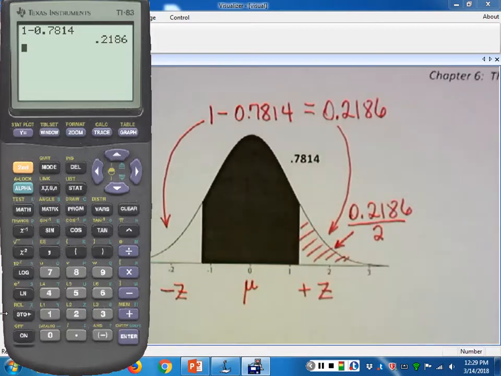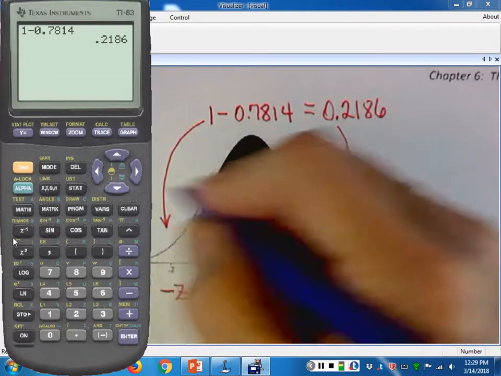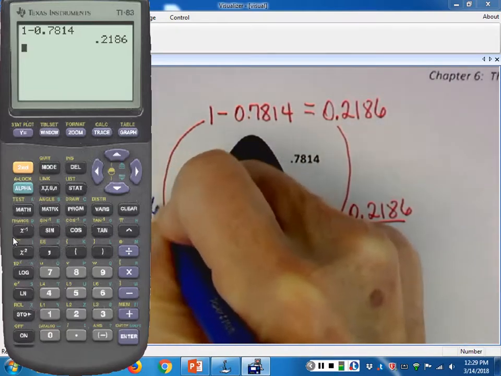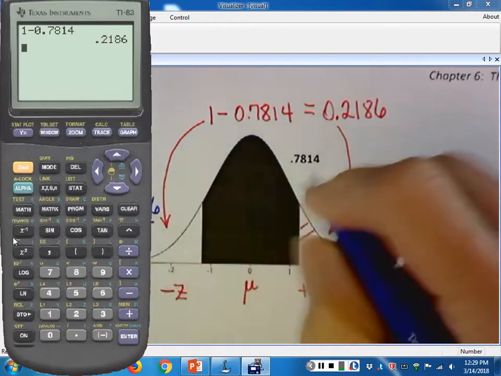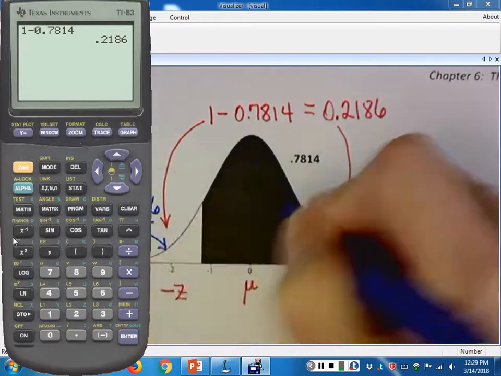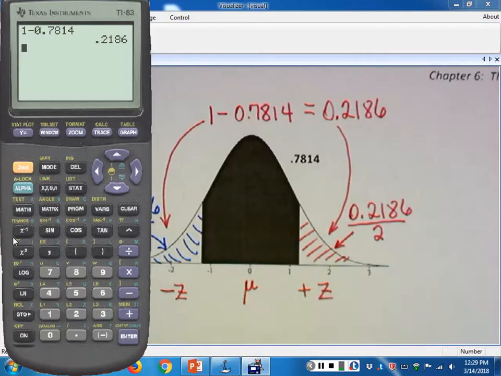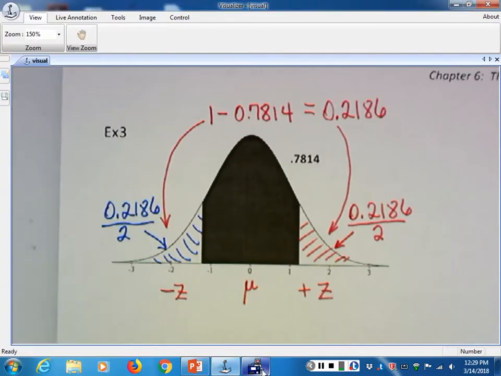And it also means that half of that area is on this end. Now, does anybody have any questions about how you know that's true? Does that make sense?